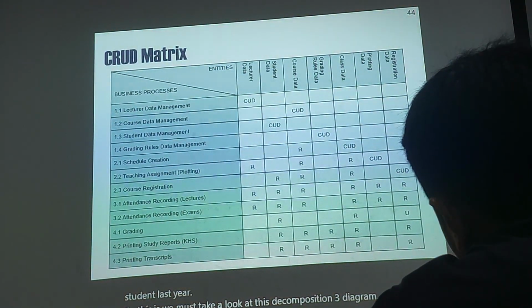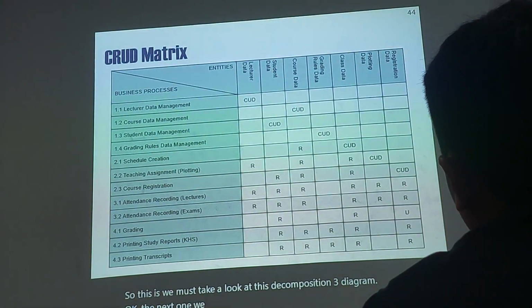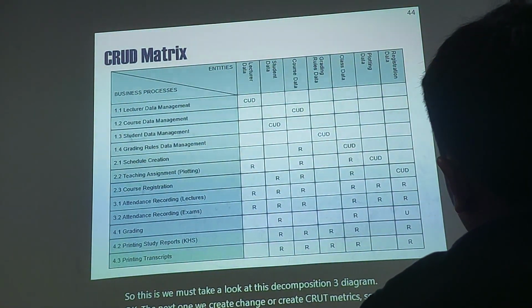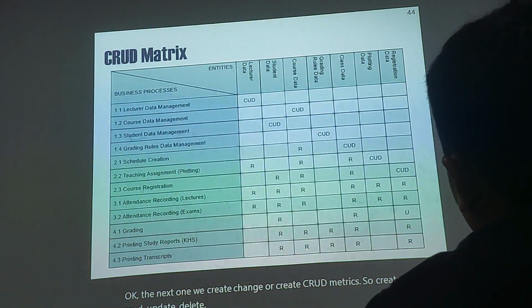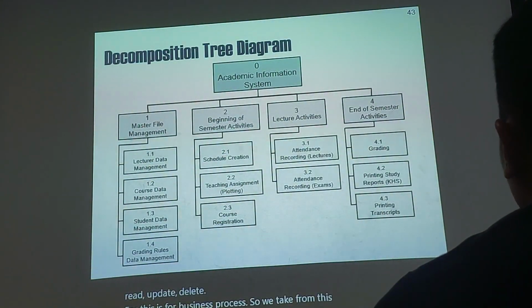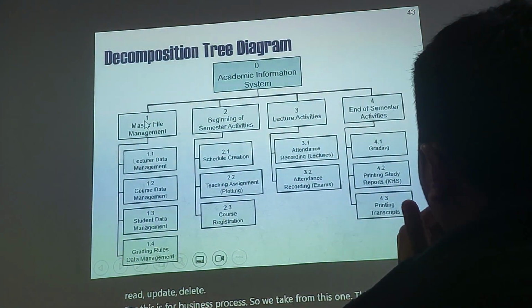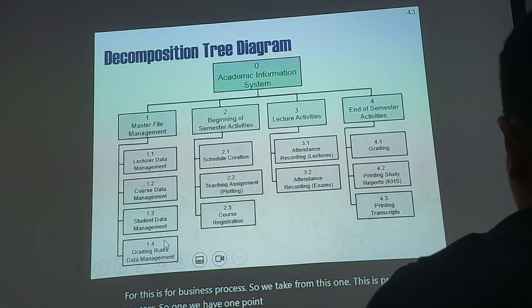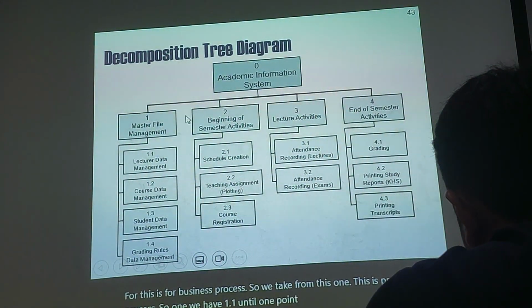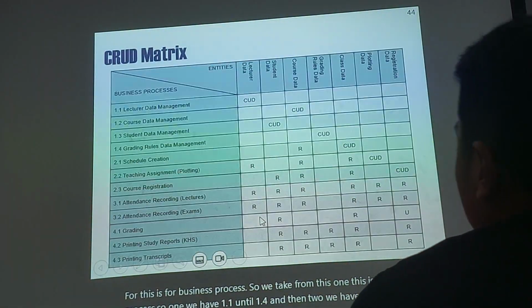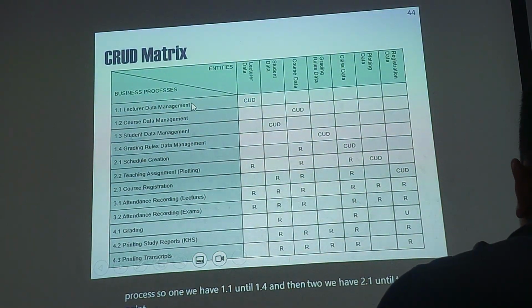The next one, we create CRUD, so we create an objective. This is for the business process. So we have 1.1 until 1.4, and then 2.1 until 2.3. We divided it in this one.